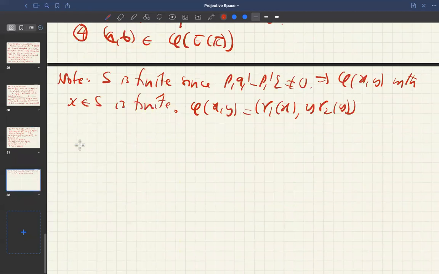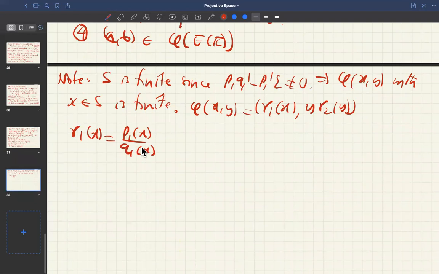So what is r1 of x, which is p1 of x by q1 of x? Can it take infinitely many values?